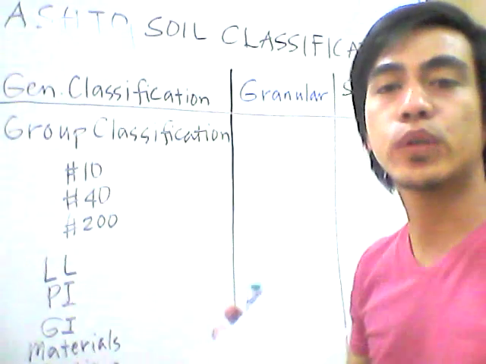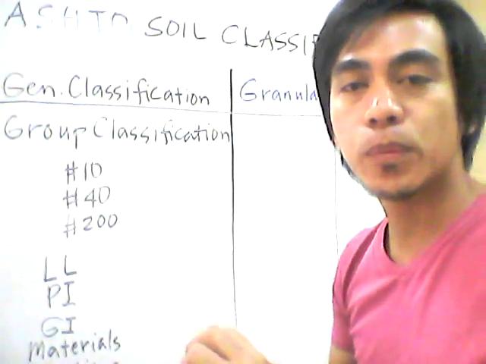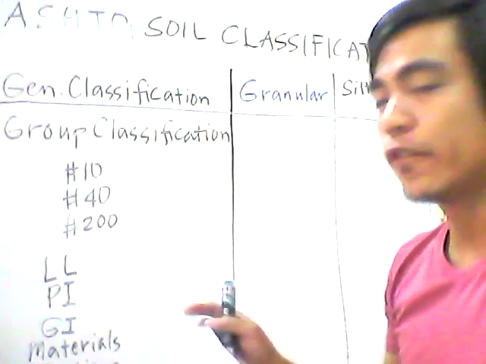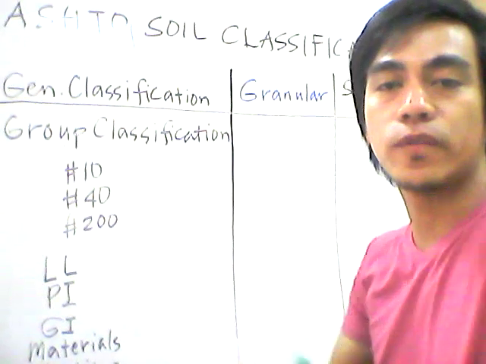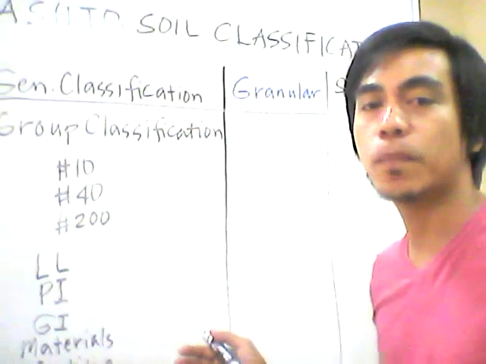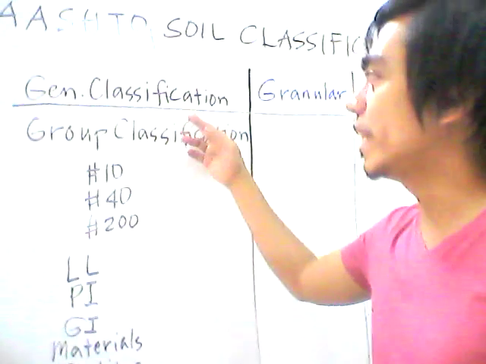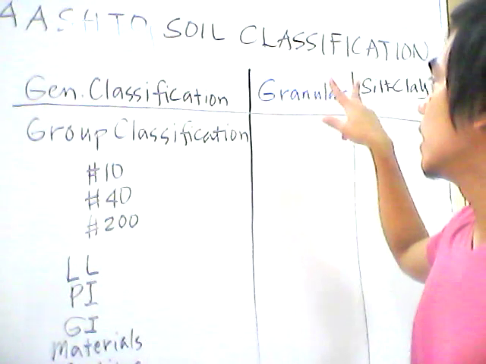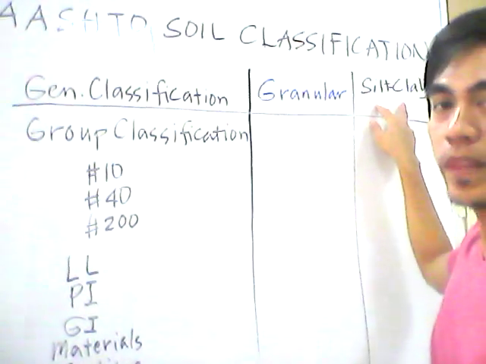So we are going to use a classification chart. The instructor should provide you this sheet of paper showing different columns of general classification and group classification of a given soil sample. So we are going to discuss first the components of the chart. On the first column, we have the general classification, and this general classification is granular material and silt clay material.